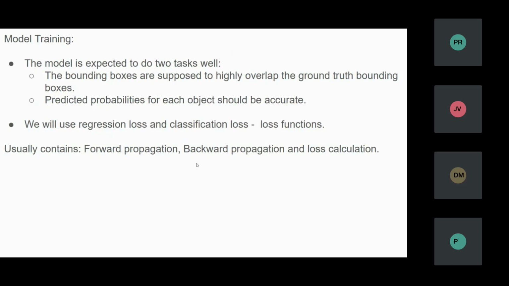For simplification of understanding, in a CNN, forward propagation means going from the input layer in the direction of the output layer. And in backward propagation, we move from the output layer towards the input layer while calculating the loss function.